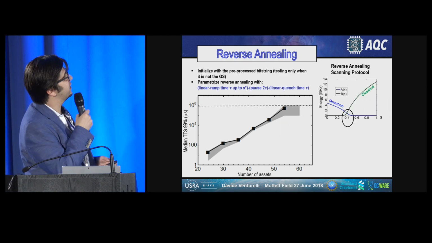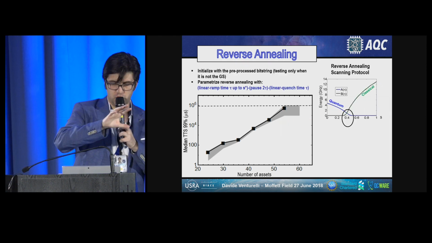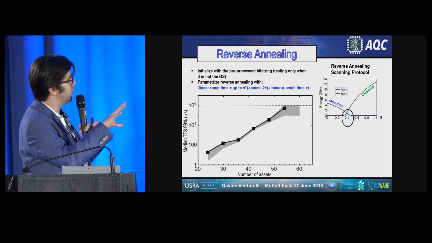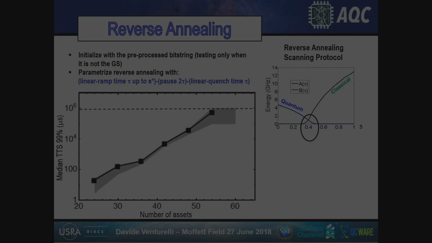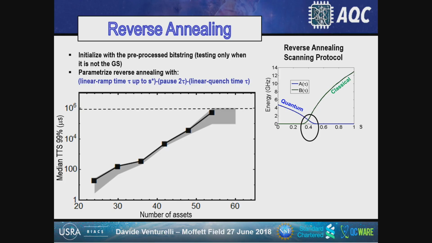So we initialize essentially the machine with the solution of the classical greedy heuristics, and then we ramp up the transverse field for a specific number of microseconds up to a specific region of the schedule, typically around 0.4, where the magnitude of the problem coefficient energy and the local fields, the transverse fields are more or less the same. Then we pause for twice the time that it took us to arrive there, and then we come back with the same speed as we ramped in the beginning.